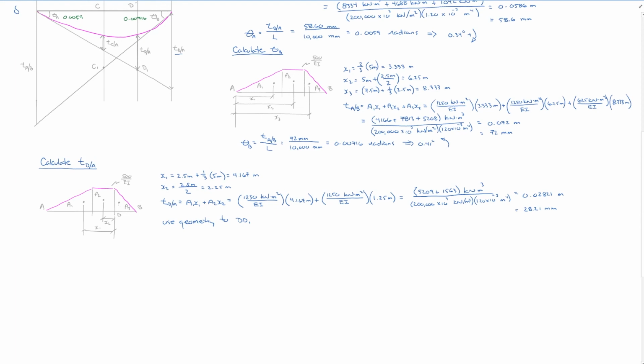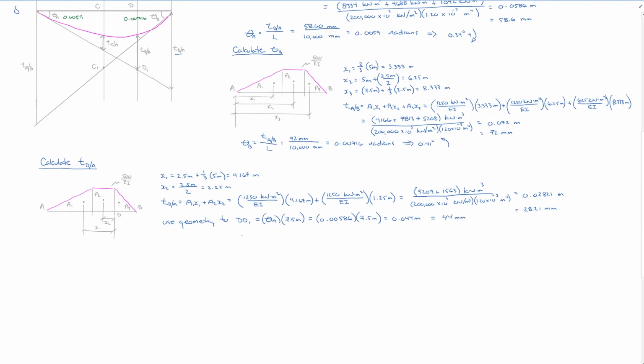And so we can get this DD1 by saying that's equal to theta A multiplied by the distance, 7.5 meters, which is the distance of D from A. And so that is equal to 0.00586 radians multiplied by 7.5 meters equal to 0.044 meters, or 44 millimeters.